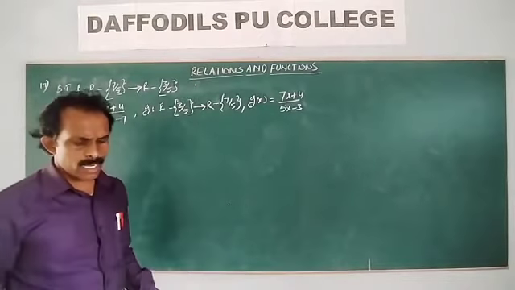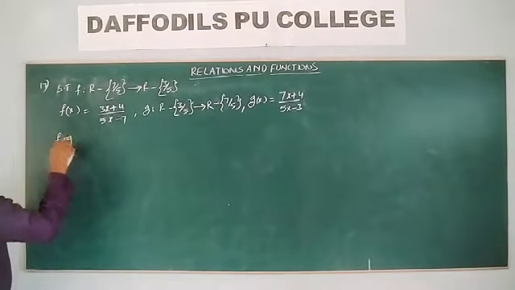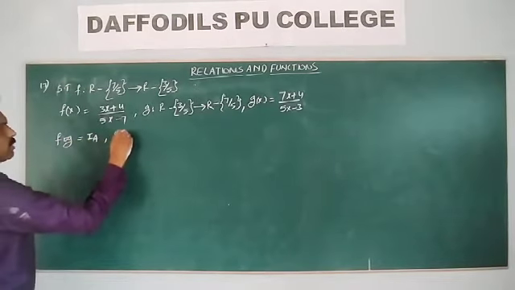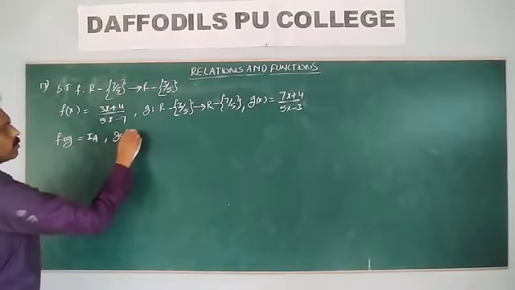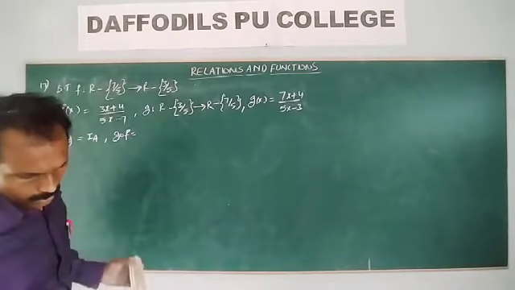Show that then f circle g is equal to I_A, and g circle f is equal to I_B.